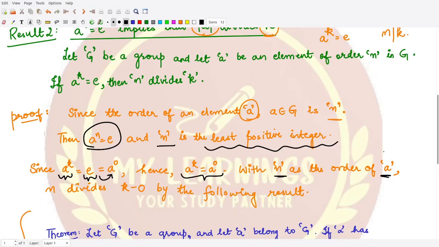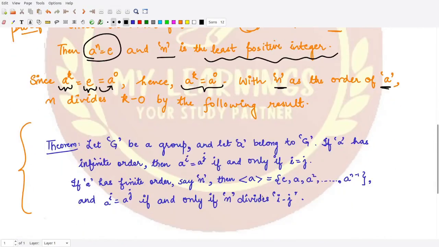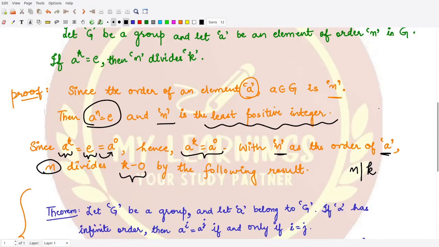So according to the previous result, if we have a to the power i equal to a to the power j, where n is the order of this element A, then n would divide the difference of the powers, that is i minus j. In our case we have a to the power k equal to a to the power 0, so the order n would divide k minus 0. So all in all n would divide k, and this is what we wanted to prove here.